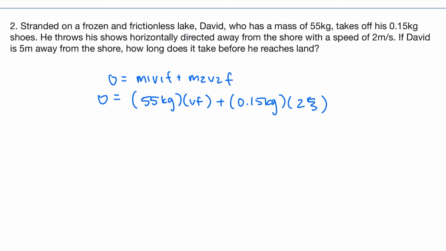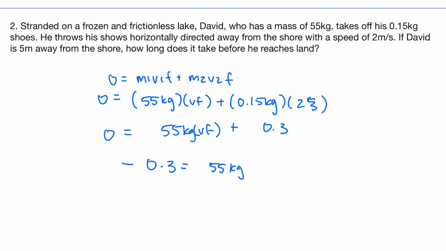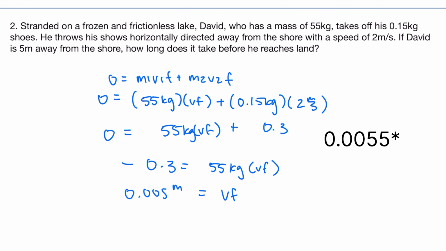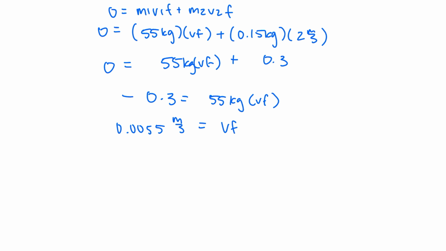Now, 0.15 times 2 is 0.3, plus 55 kilograms, vf. So negative 0.3 equals 55 kg times vf. Vf is going to equal 0.0055 meters per second. Okay, so now that we know his velocity, we can solve for the time which it takes him to reach land.